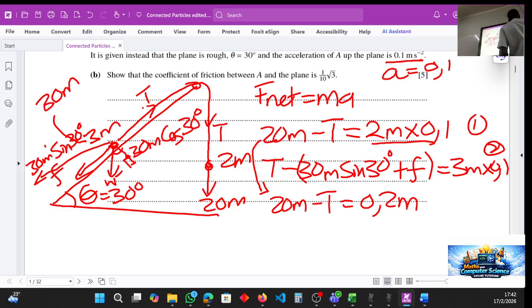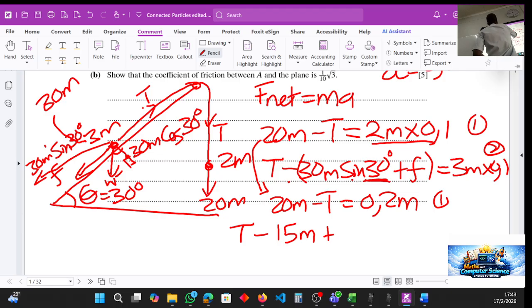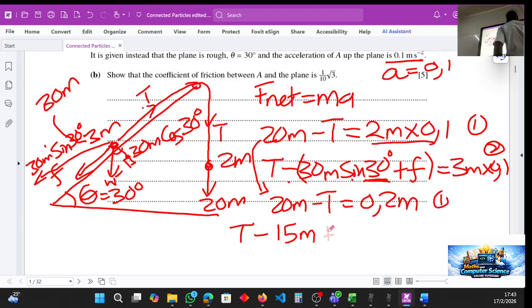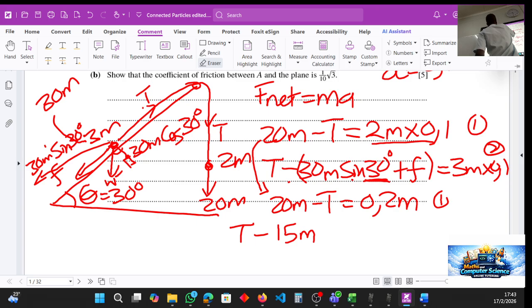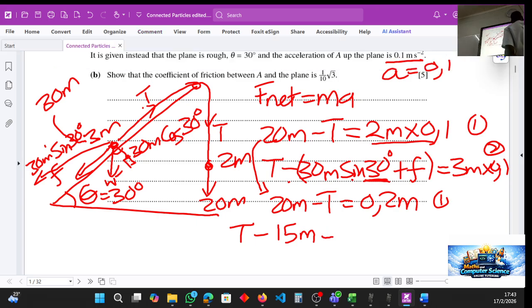Then let me simplify the second equation, which is T minus 30m sine 30. Remember, sine 30 is a special angle, which is 1 over 2. So 1 over 2 multiplied by 30m is 15m. Friction, let me not confuse the calculation, I properly put two subtraction signs because these two are facing the same direction. So I'll say minus mu R.